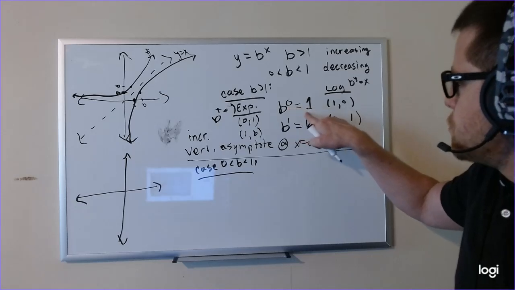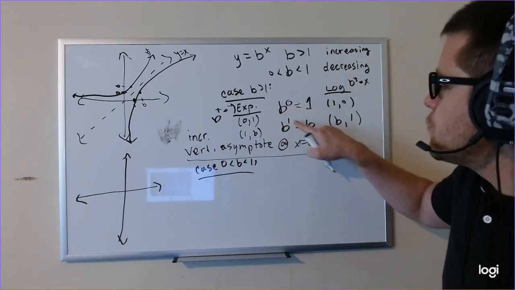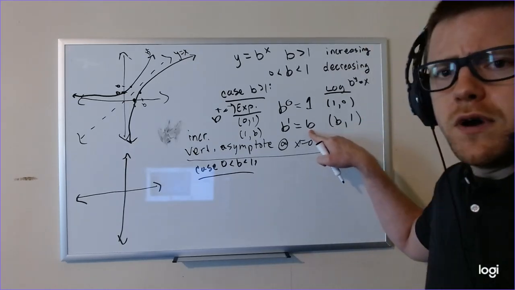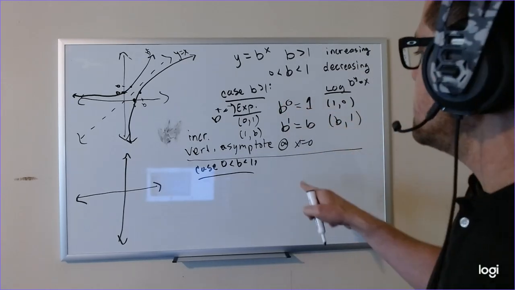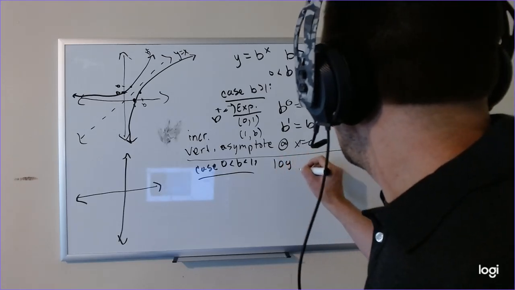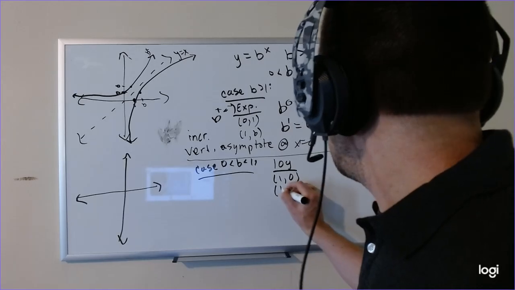B to the 0 is 1, whether b is greater than 1 or less than 1. And b to the 1 is b, again, whether b is less than 1 or greater than 1. So these points are still going to be on our graph. In our log, we're going to have the point 1, 0 and the point b, 1.